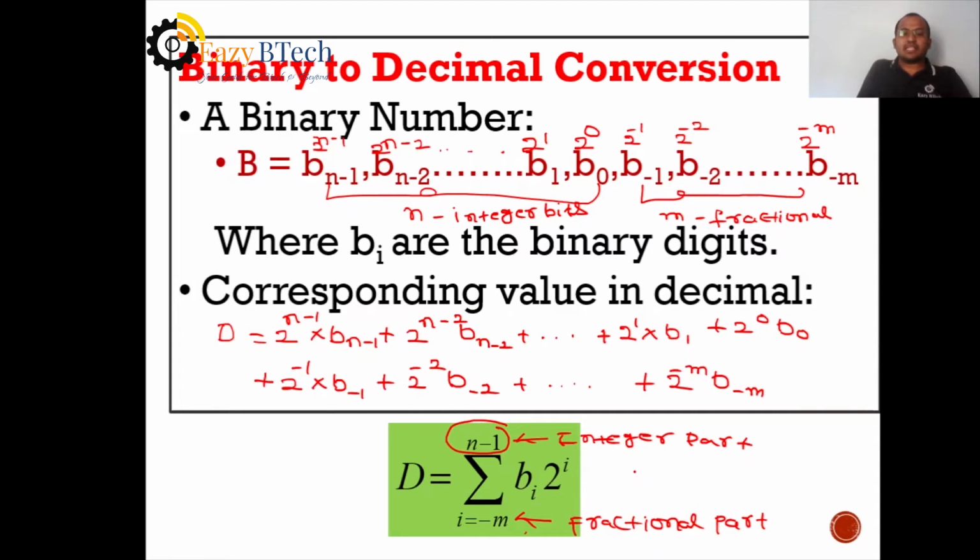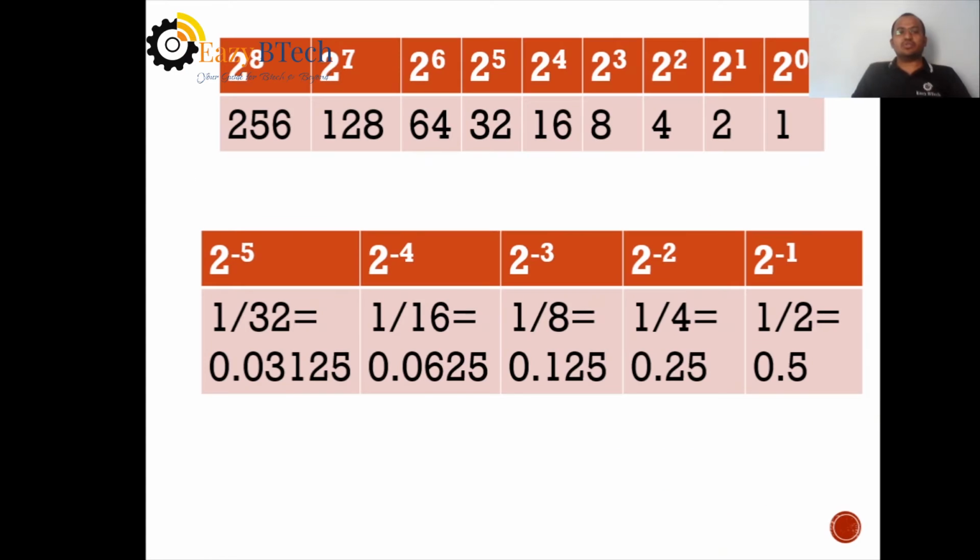Here b_i is the corresponding bit value, which will be either 0 or 1. We'll see this with the help of an example.